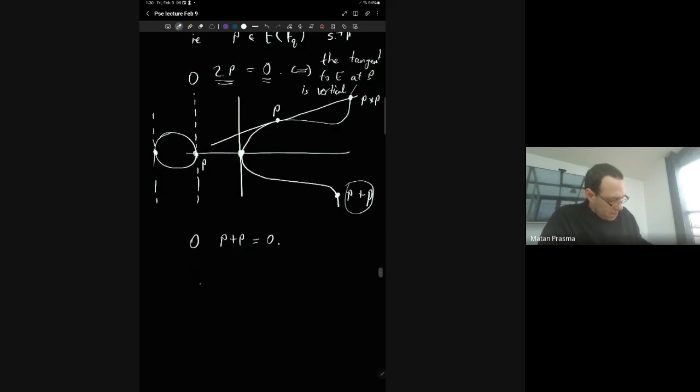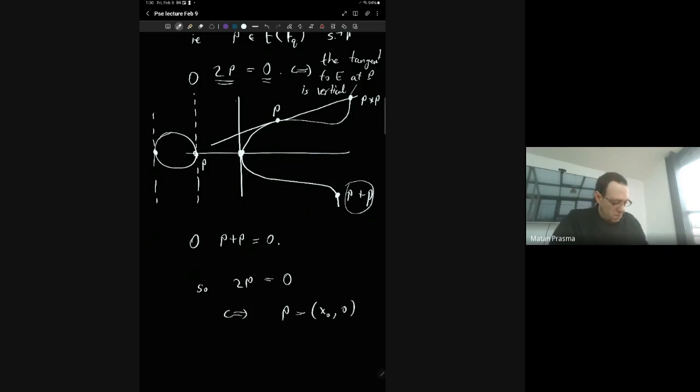So 2P is equal to 0 if and only if the y coordinate of P is 0. That's the only way that the tangent line at P will be vertical.